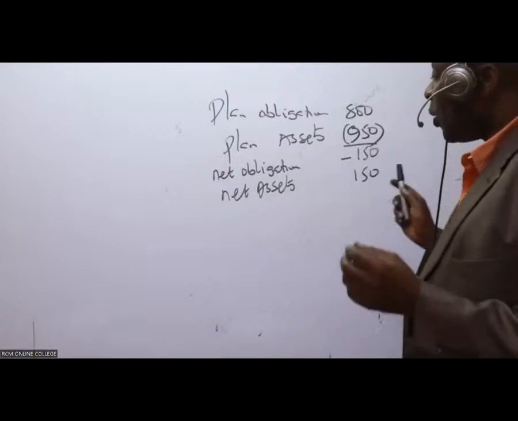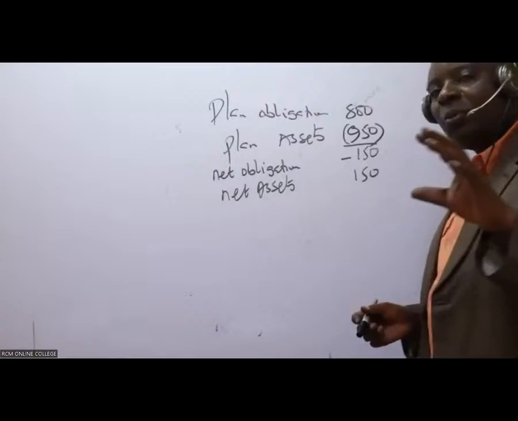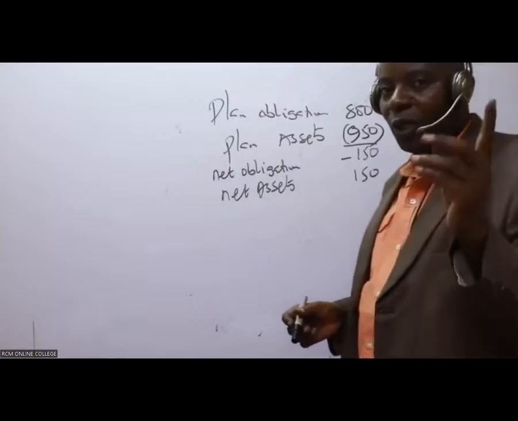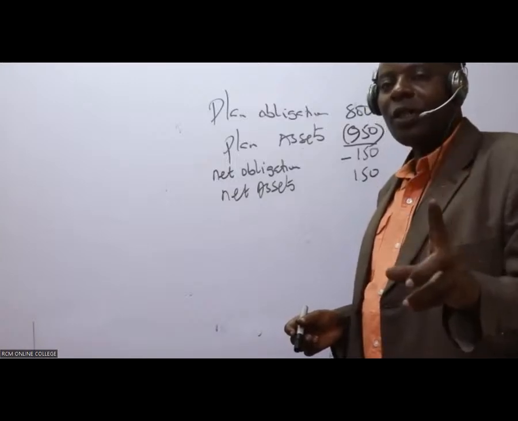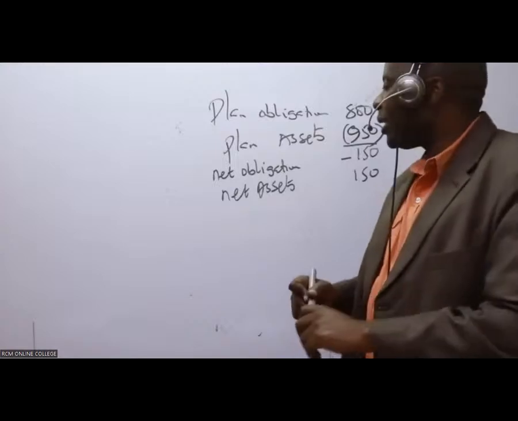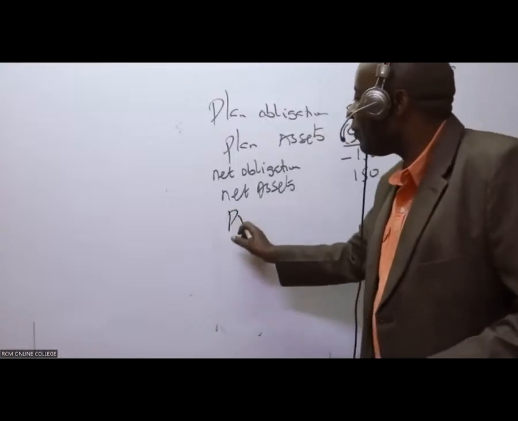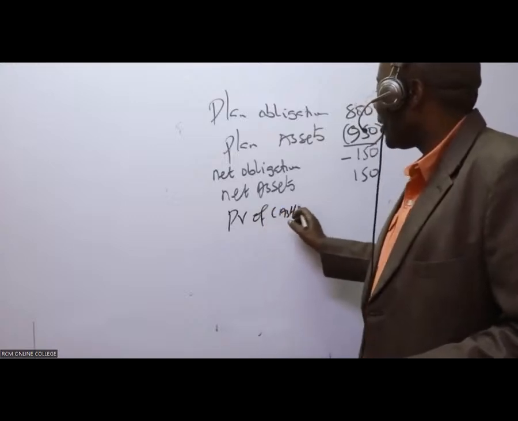So whenever you have net assets, you must now project the cash flows that you expect into the plan. And those cash flows, you'll need to discount them. So in this case, look for anything you're given called the present value of the plan's cash flows.